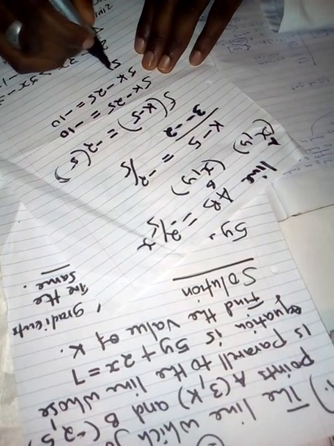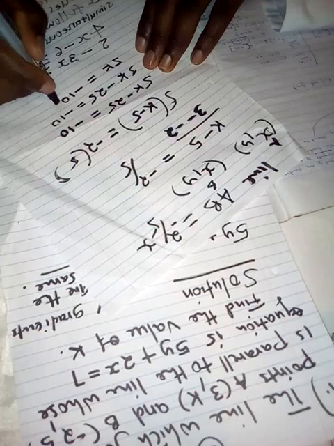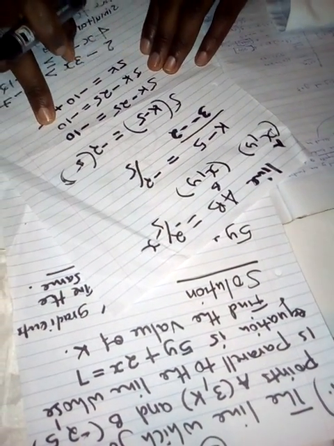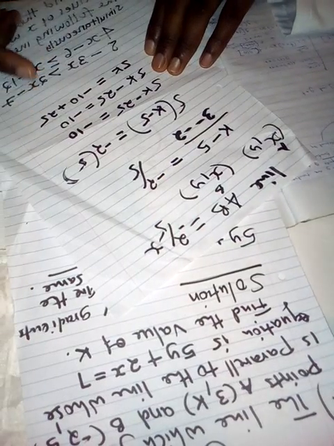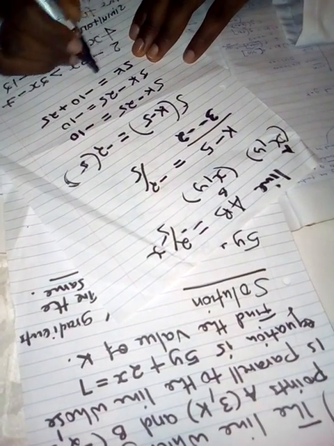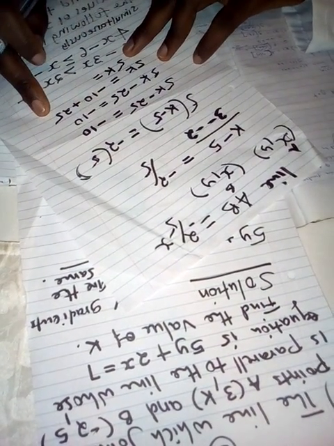So 5k is equal to negative 10 plus 25. This 25, when it goes to the other side, becomes positive, in the case of making k the subject. So 5k is equal to negative 10 plus 25.